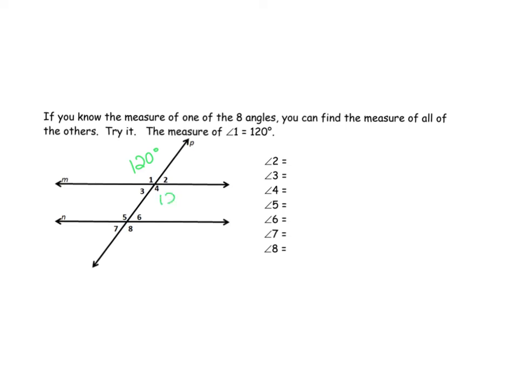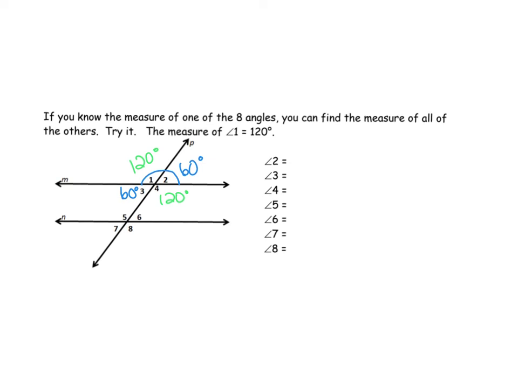Angle 4 is vertical, so that's also 120 degrees. Angles 1 and 2 create what type of relationship? They create a supplementary angle, so that means it needs to be a total of 180, so 2 is going to be 60. 3 is vertical to 2, so that's also going to be 60.